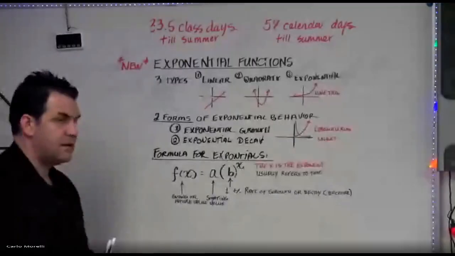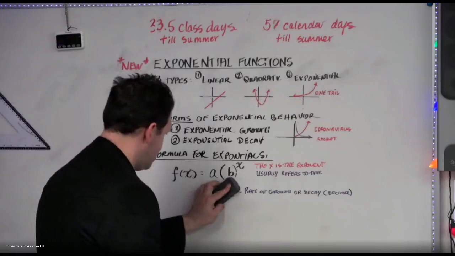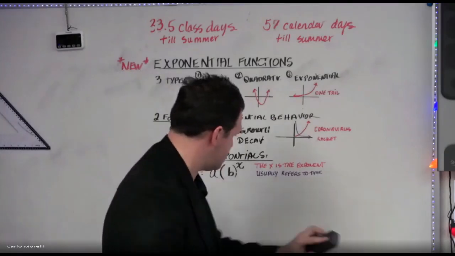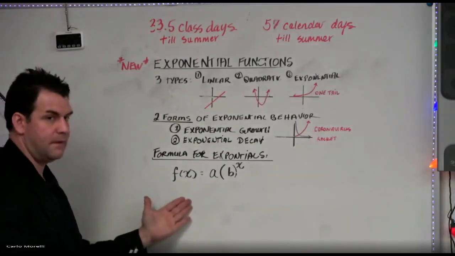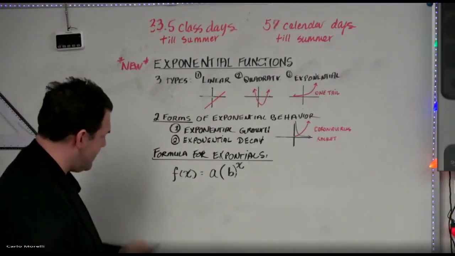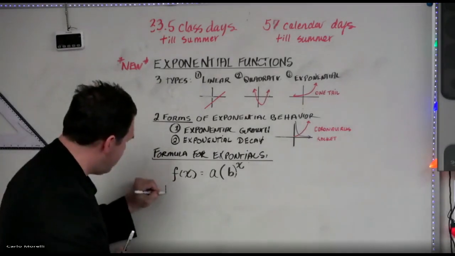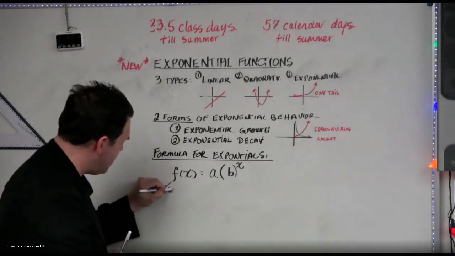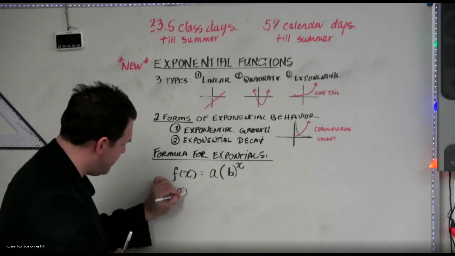Okay, so there's some things you need to know about this equation here, or this form. This f of x, or y, okay, this is the future value. Write that down. Future value.